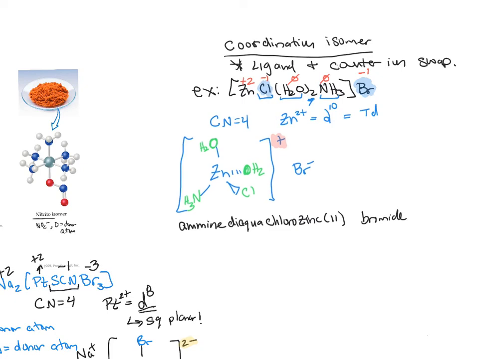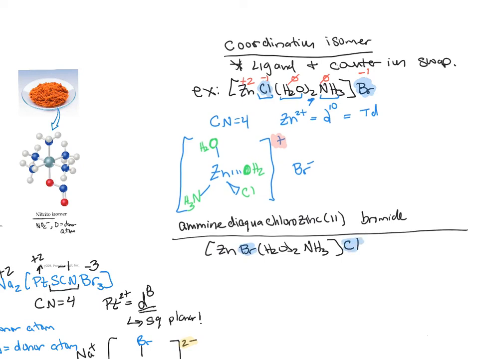Let's go ahead and draw the other isomer in this case. So for the other isomer, I'm going to swap my chloro ligand and make it an anion. So the other isomer would be [Zn(Br)(H2O)2(NH3)]Cl. So you can see how I swapped the counter ion and the anion ligand.